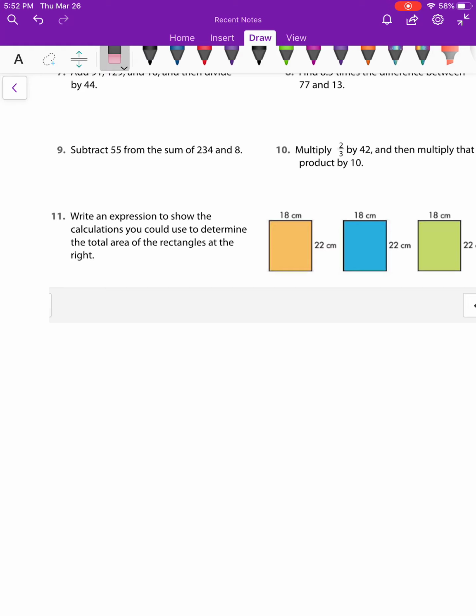Okay, we have 3 rectangles, and he asked me to find the total of their areas. We know that the area of each rectangle is length by width. So the area for the first one is 18 multiplied by 22, and the second one 18 multiplied by 22, and the third one 18 multiplied by 22.